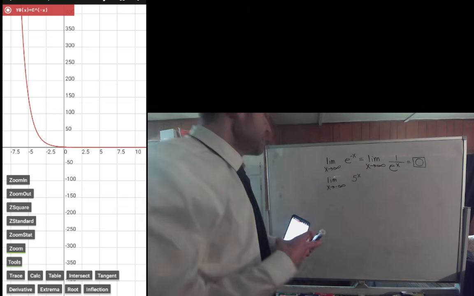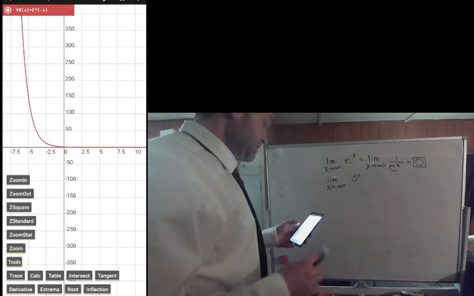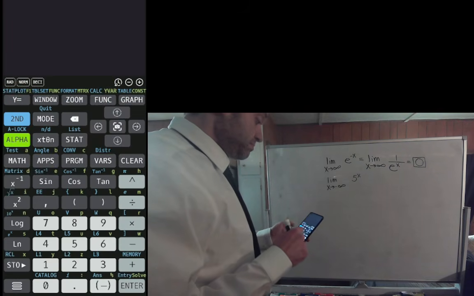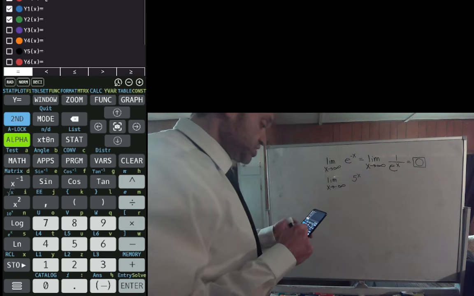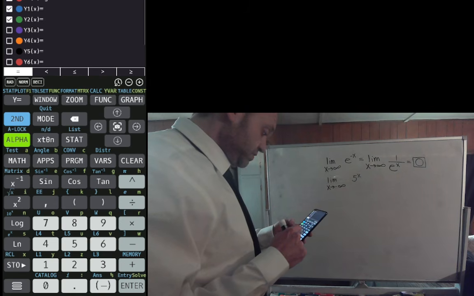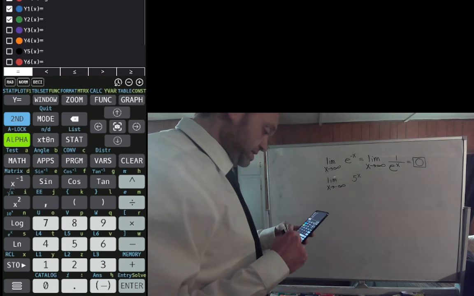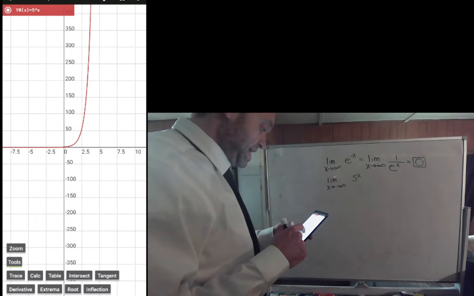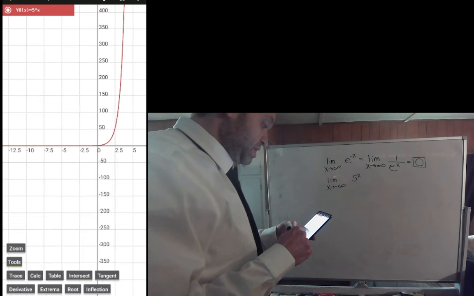Now, let's also look at the limit as x approaches negative infinity of 5 to the positive x. So let's change this. We're going to take 5 to the positive x. Let's graph that. So now on your screen you see y equals 5 to the x being graphed.